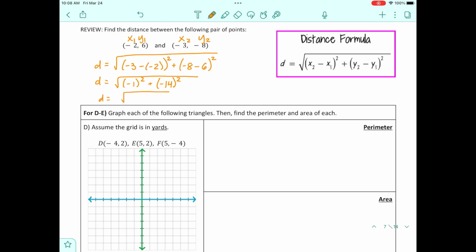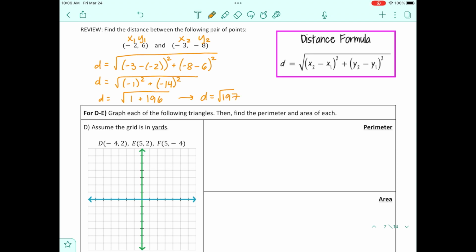So the distance is equal to the square root of -1 squared. So -1 times -1 is +1, plus -14 squared. -14 times -14 is positive 196. So I need the square root of 197.